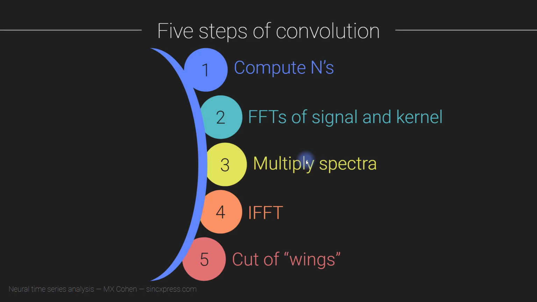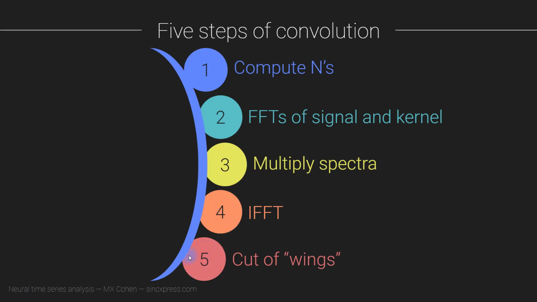So then you multiply these spectra, and then you take the inverse Fourier transform of one spectrum. Right after step 3, you only have one spectrum. Then you take the inverse Fourier transform to get back into the time domain, and then the length of this result is going to be n plus m minus 1. So this is actually going to be longer. The result of step 4 is going to be longer than the original signal, just like in the time domain.